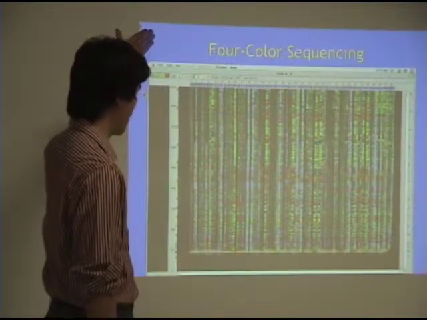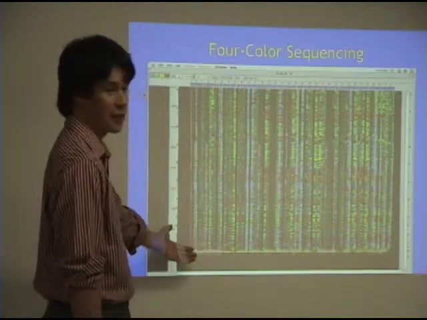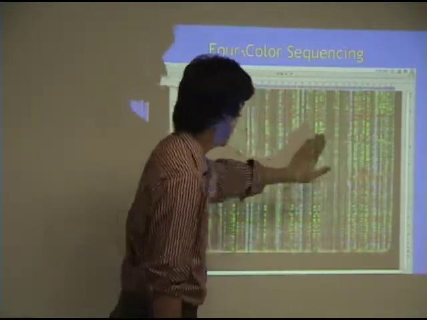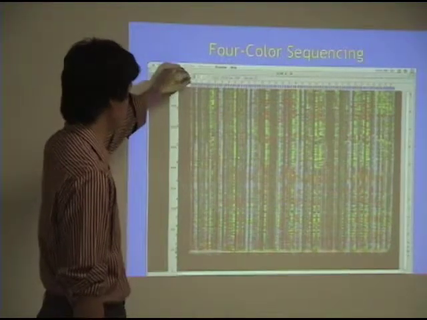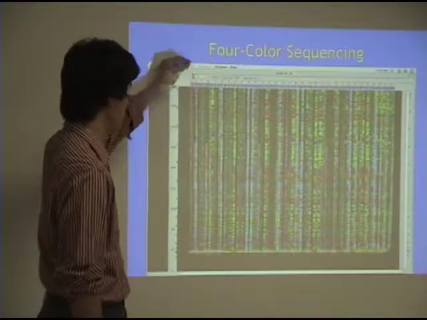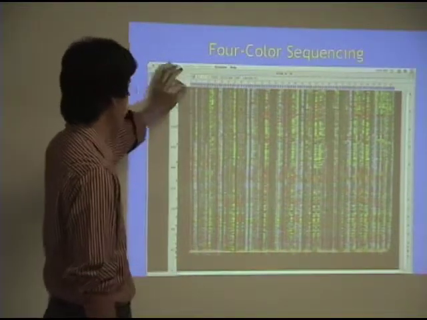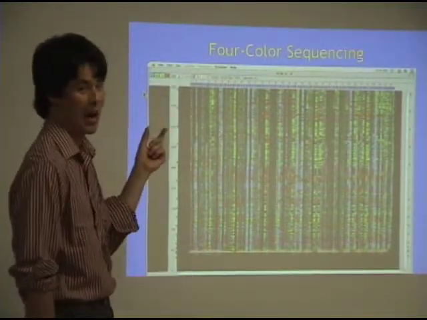Here's an example of the physical format of a sequencing gel. What it is, is a very thin film in which you load samples at the top. Those samples are driven by an electric field down through the film, and they separate on the basis of size.